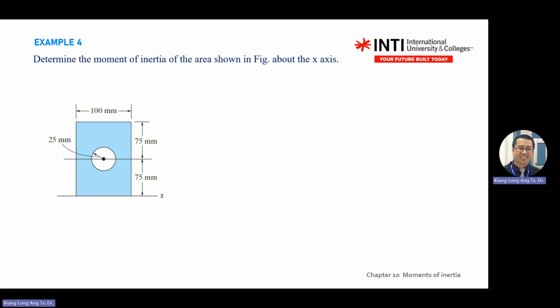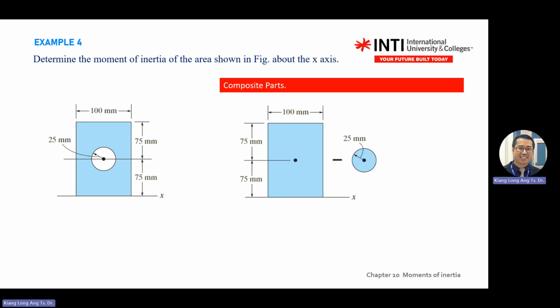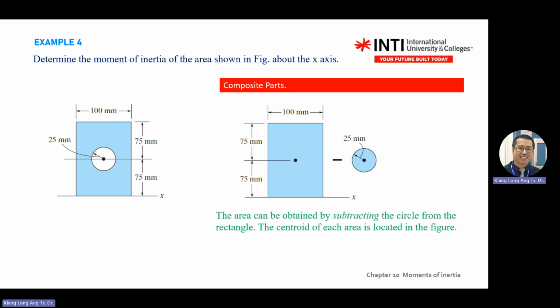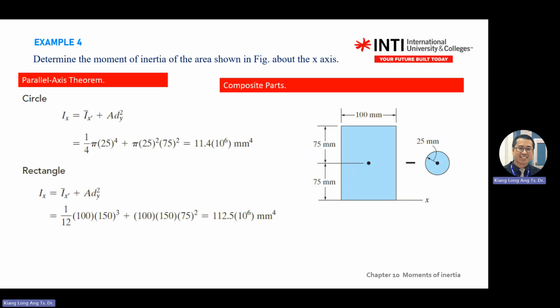So here you can see it's a combination of a rectangle minus a sphere. So you calculate Ix, Iy for these two shapes, then you subtract the values from each other. You see the steps: you break into composite parts, copy all the dimensions. Then you use the parallel axis theorem.